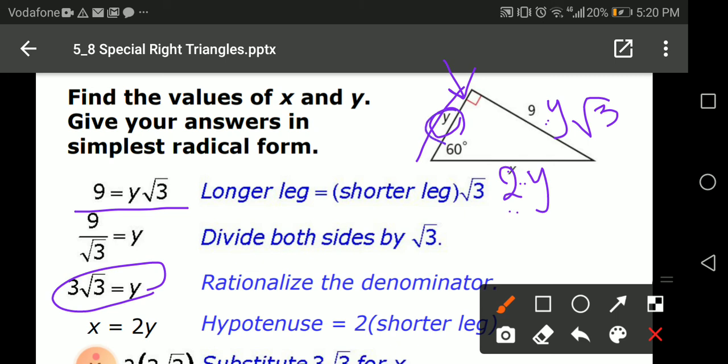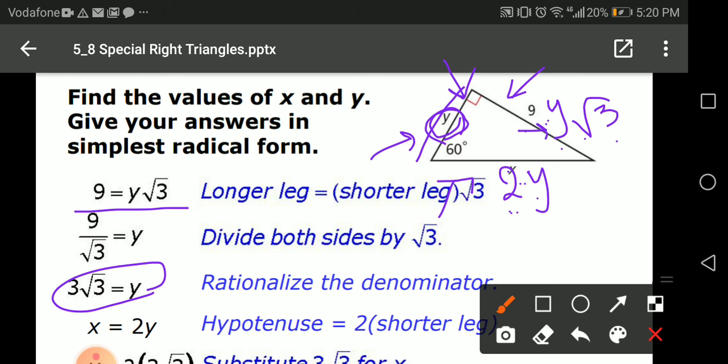It's just y. So we have here the hypotenuse will be 2y. The other leg here is y square root 3. So you have here 9 equals y square root of 3.